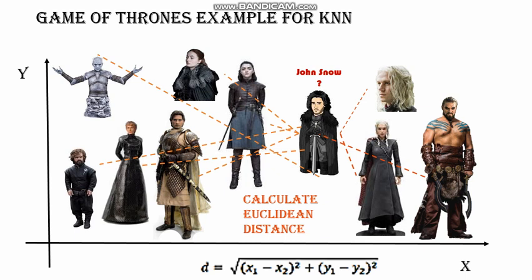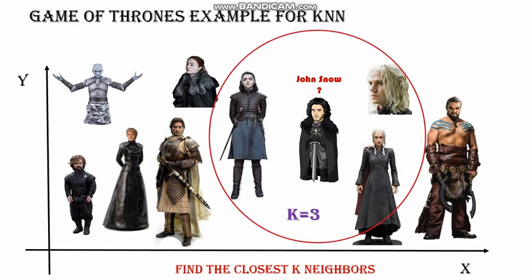KNN will first calculate the Euclidean distance of each character's features from Jon Snow's features, and then sort them in ascending order. After that we will choose the closest neighbors of Jon Snow's character, who have features similar to Jon Snow's.